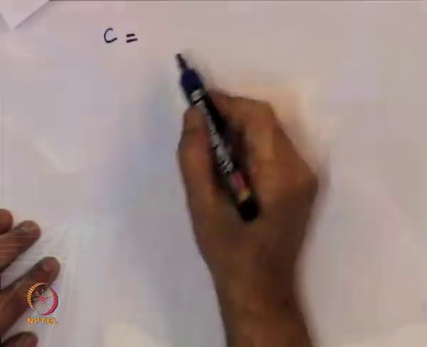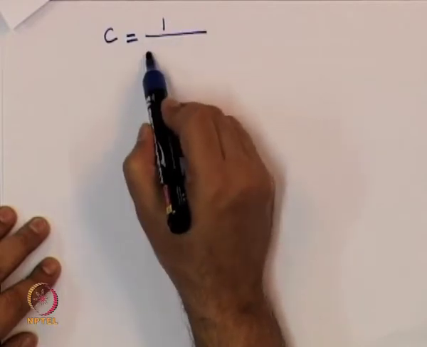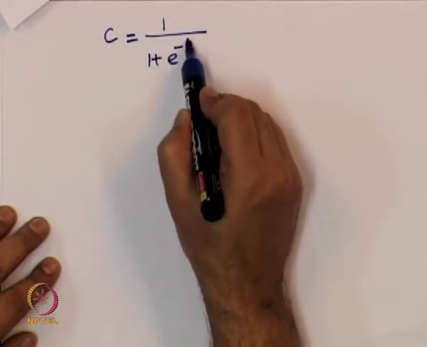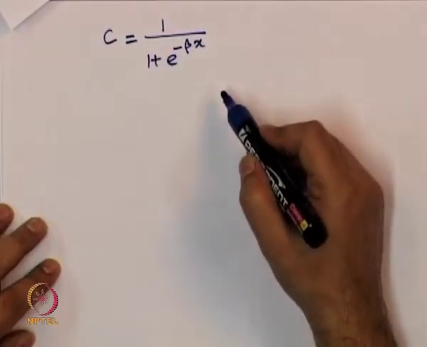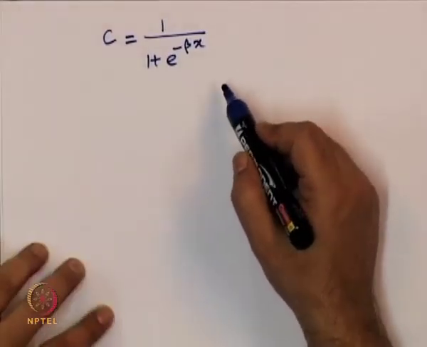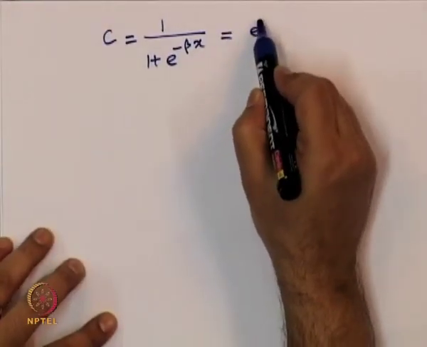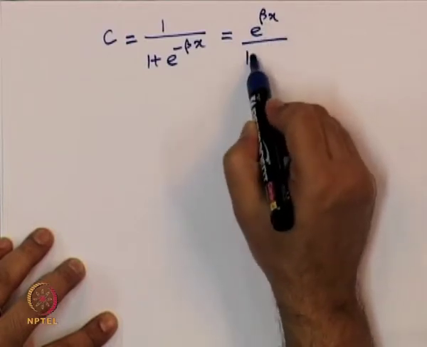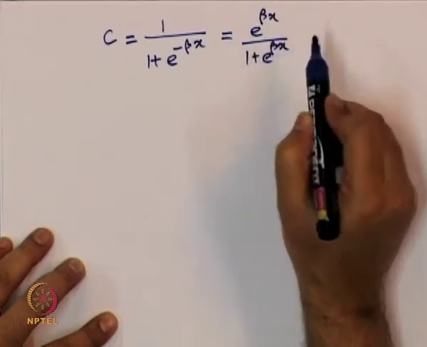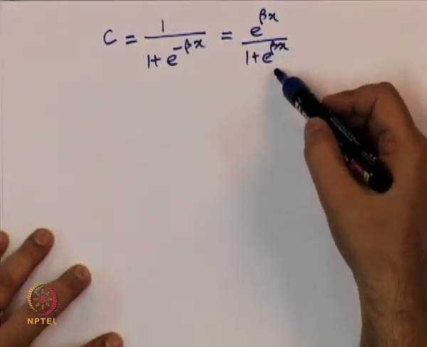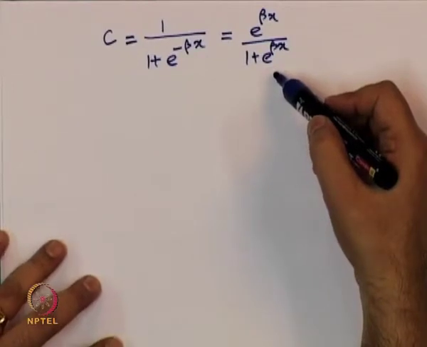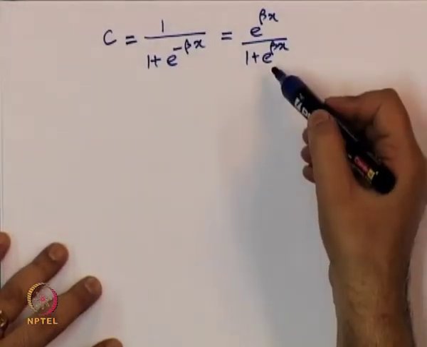Let me write this solution once more. So, c is equal to 1 by 1 plus e minus beta x, and this solution can also be written as e beta x by 1 plus e beta x, and this is also related to tan hyperbolic function.